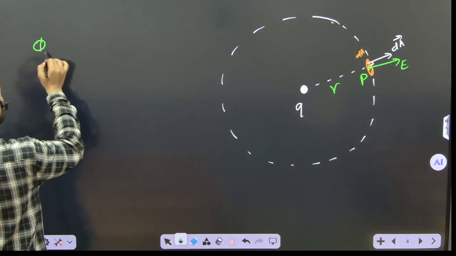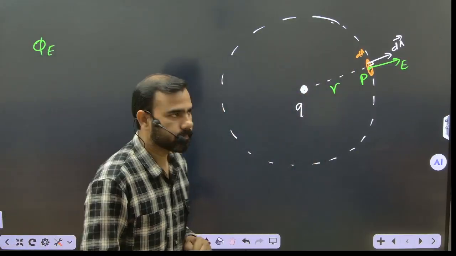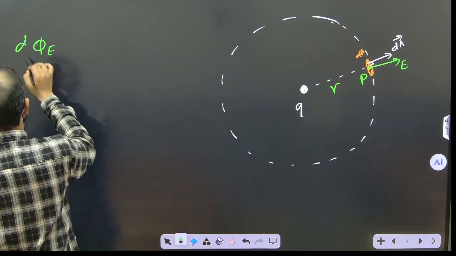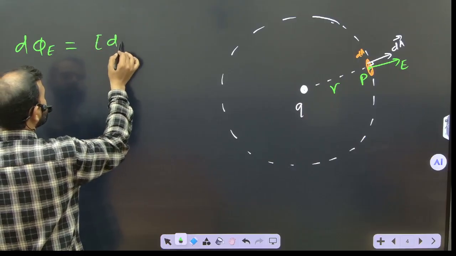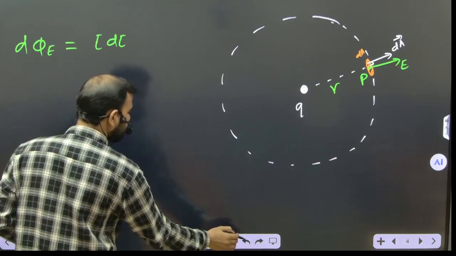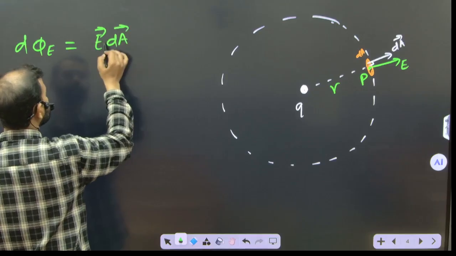So we start with a very small area. Here we have taken dA for a very small area. So d phi E is the electric flux for a very small area, with the dot product.